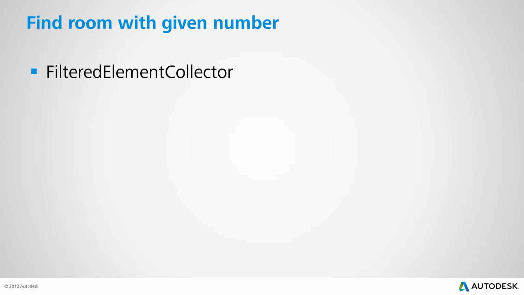We would need to make sure that no other room is using the numbers we are trying to assign to the selected room. So we need to search for existing rooms in the database. Whenever you want to get access to any of the database objects, you have to create a filtered element collector object and specify the document and perhaps the view that you're searching in.